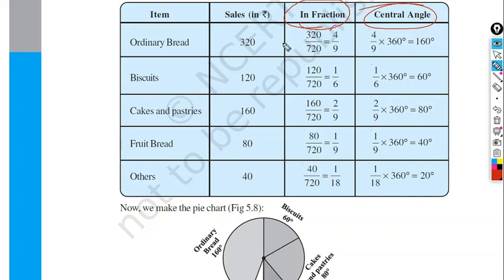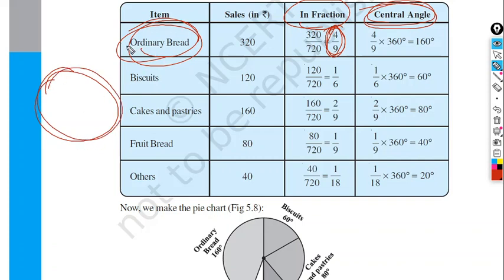The fraction of ordinary bread is 4 by 9. That means 4 by 9 of the central angle must be allotted to ordinary bread. A circle is there, a pie chart would be there. In the pie chart, the ordinary bread will secure 4/9 place. Total angle is 360 degree.